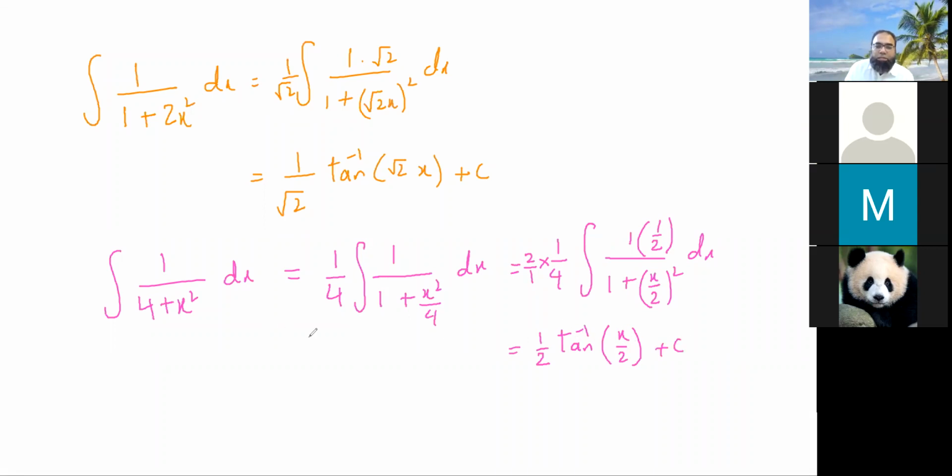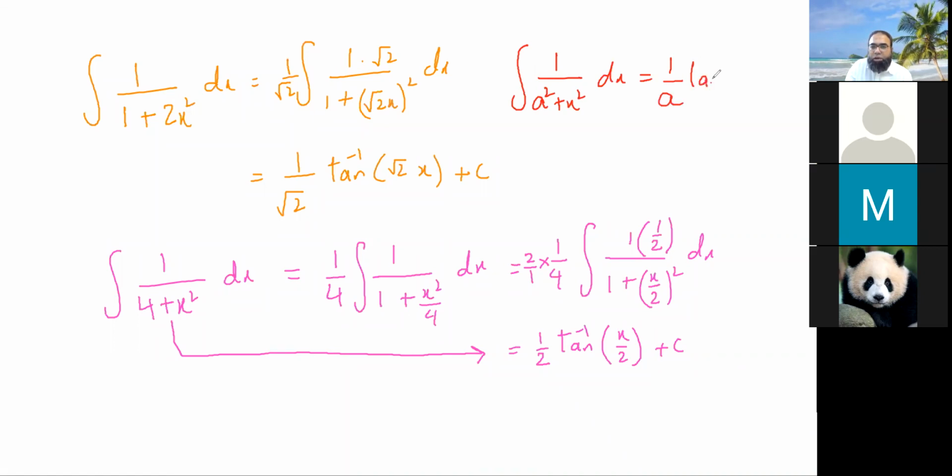Now there is a shortcut for the smarter ones. You can directly write from this to this. There is no need to show all these steps, because there is a rule saying that in the second stage, where you don't have a 1 here, if you have 1 over a squared plus x squared, you can directly write it as 1 over a, tan inverse of x over a, without showing any steps.